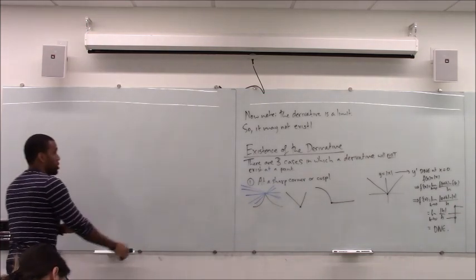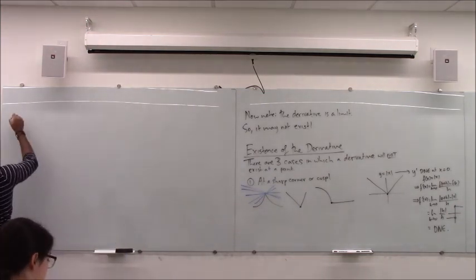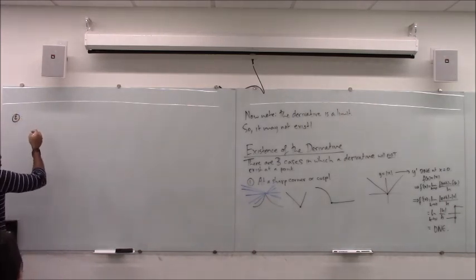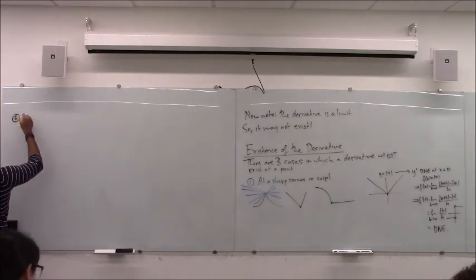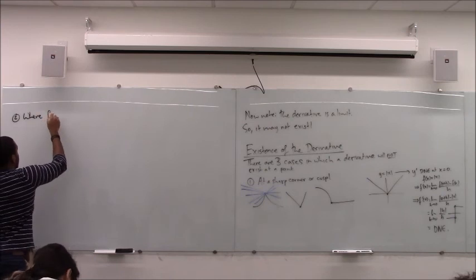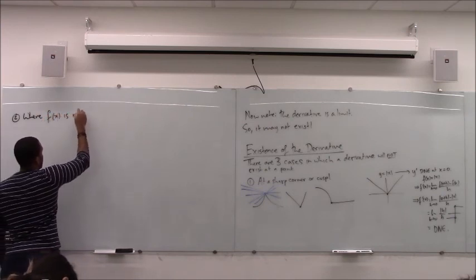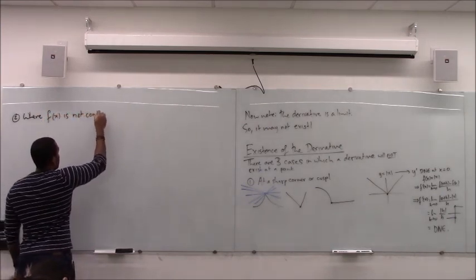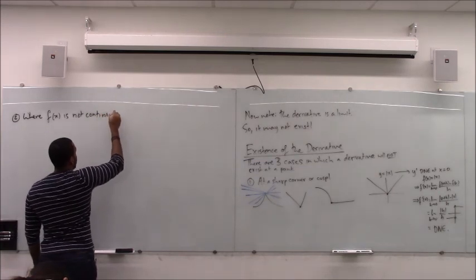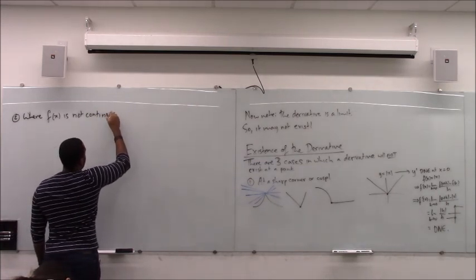The second situation where you will not be able to find a derivative is a little bit more obvious, probably: where f of x is not continuous. Again, you can't draw a tangent line to something that's not there.